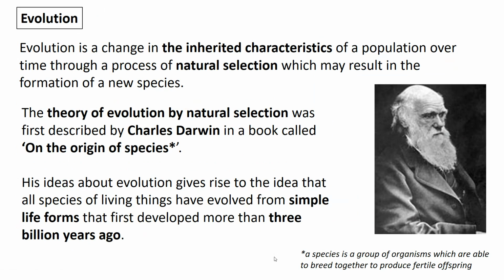And just remember, a definition of a species is a group of organisms which are able to breed together to produce fertile offspring. And his idea about evolution gave rise to the idea that all species of living things have evolved from very simple life forms more than 3 billion years ago. You do have to know those dates and those times and the actual figures for this.